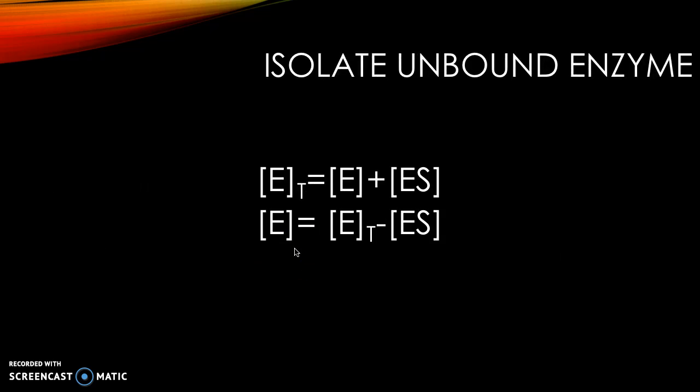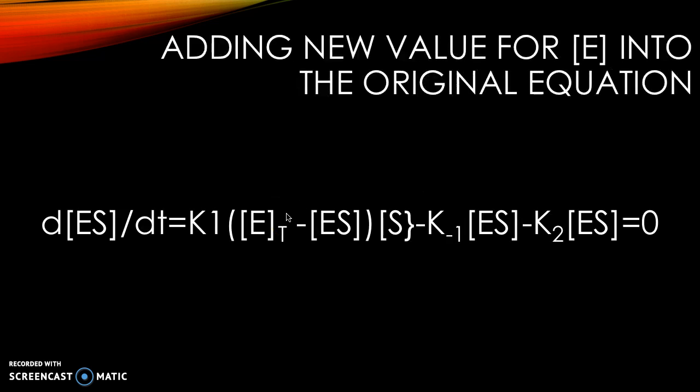We can do that by taking the total amount of enzyme, denoted by ET, and we know that ET is equal to the enzyme concentration plus the ES complex concentration. So from there, we can do simple subtraction to get the enzyme concentration, which is equal to ET minus ES. Now that we know this value, we can plug it into our previous equation for E.